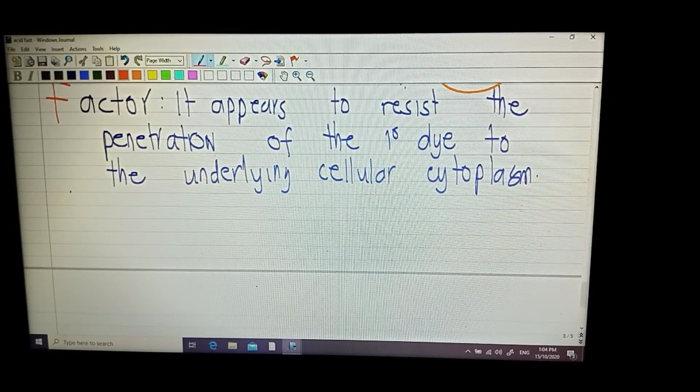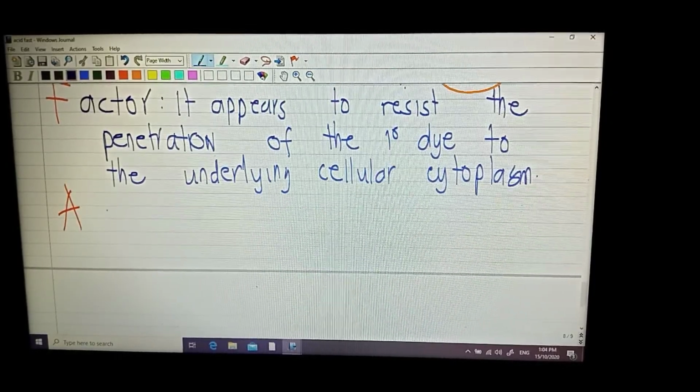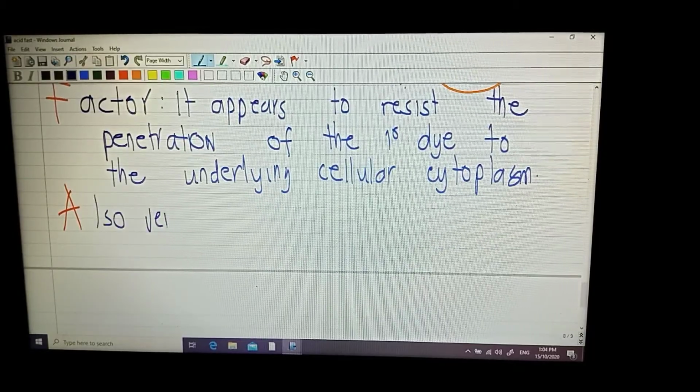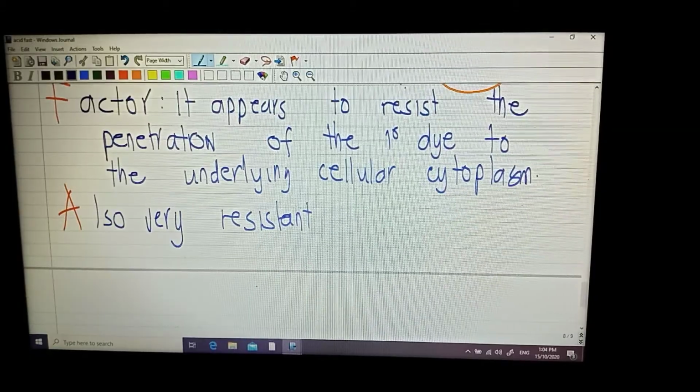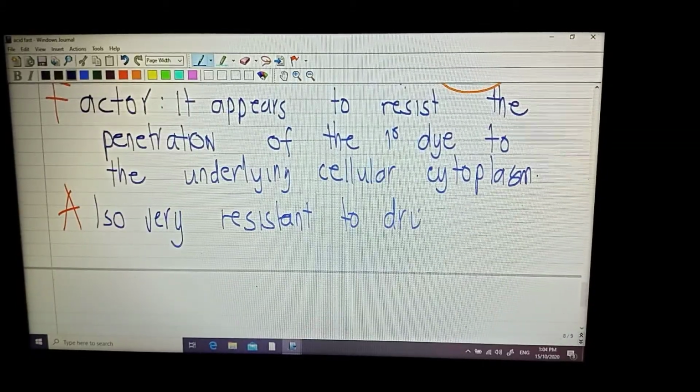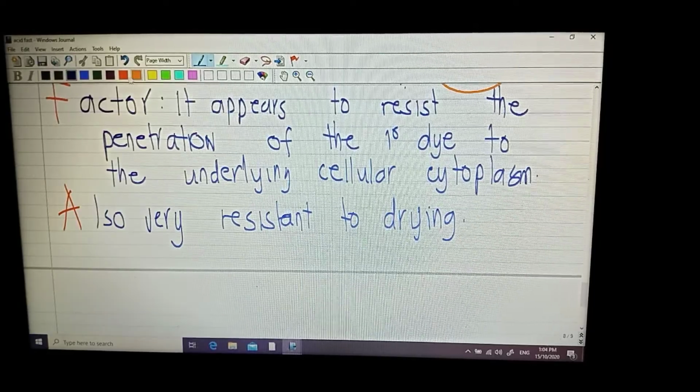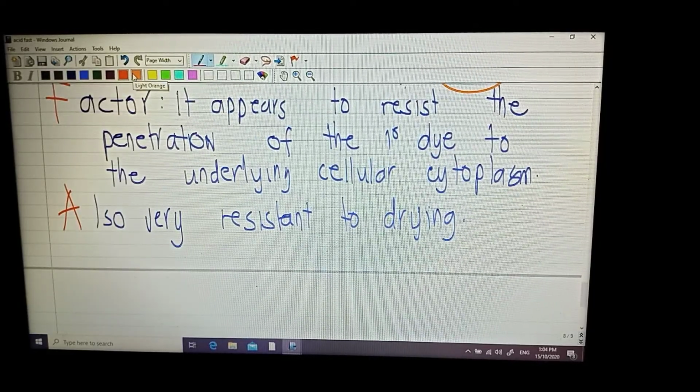Another factor, letter A, they are also very resistant to drying. What would be the effect if your acid-fast organisms are resistant to drying? Since they are resistant to drying, they may remain viable and infectious in a room environment for as long as 6 weeks.